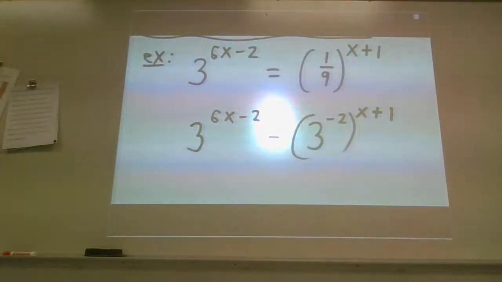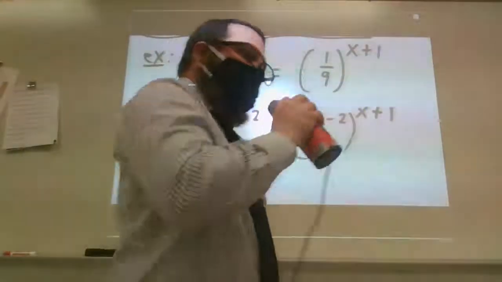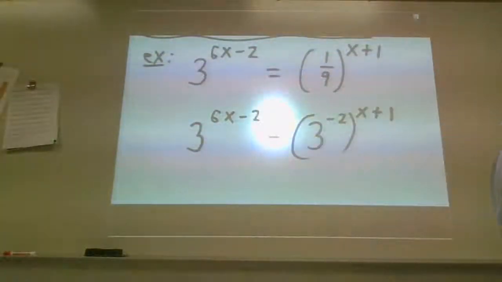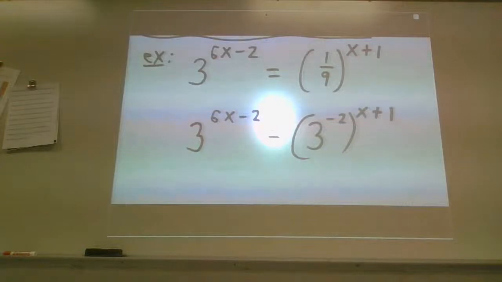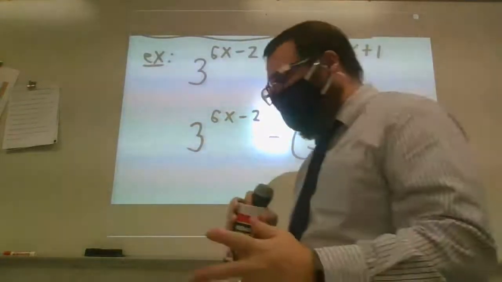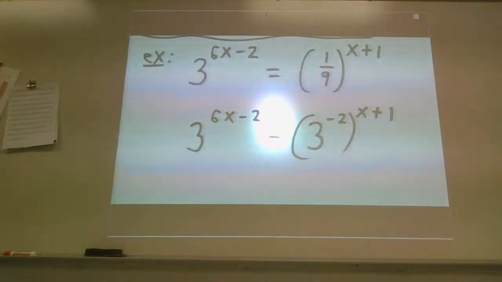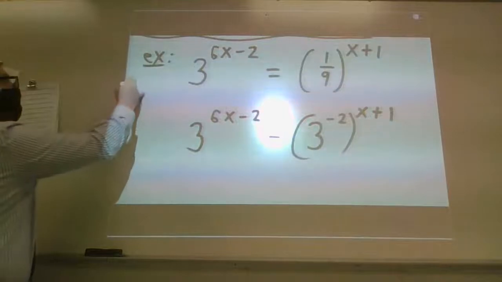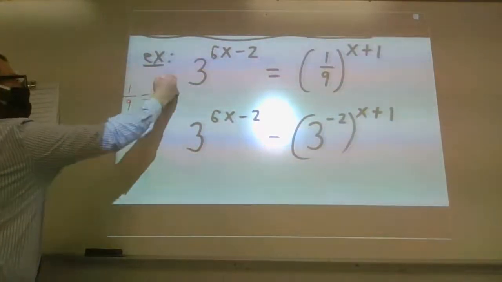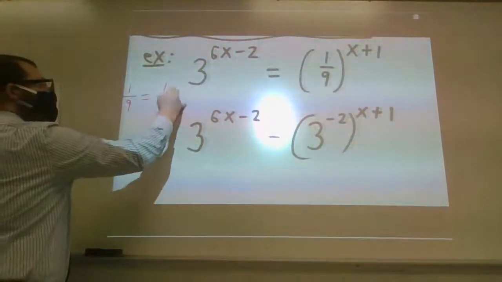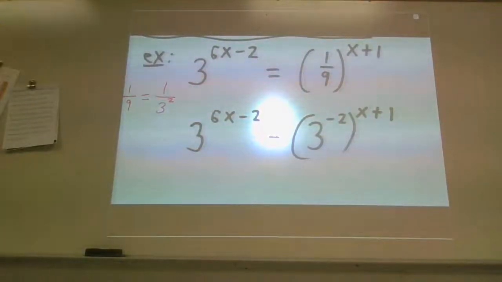But because it is written as a fraction, 1 over 9, I cannot leave it like that and hope to have the same base. I have to transform the way that fraction looks in order to get it to be the same base of 3. So just a rationale right here, I'll just put off to the side. 1 over 9 is clearly 1 over 3 squared. We know that.